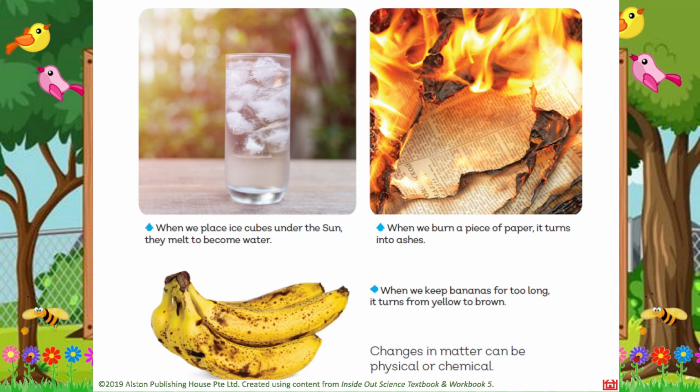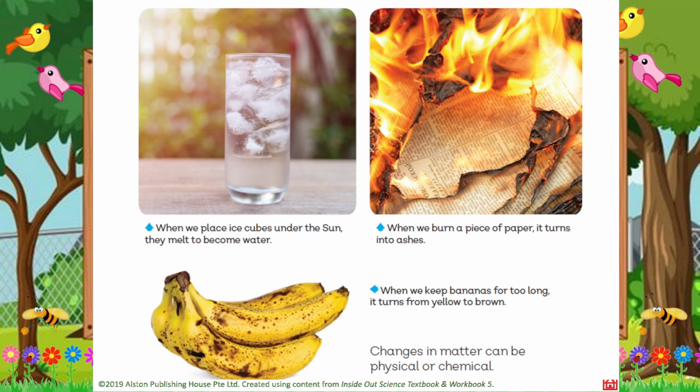So is it the bar of chocolate that was shaped into chocolate shapes, or is it the ice cubes that melted down to water, or is it the burning of the piece of paper, or is it the browning of the banana? What about chemical change? Can you cite which of our four examples have undergone chemical change?